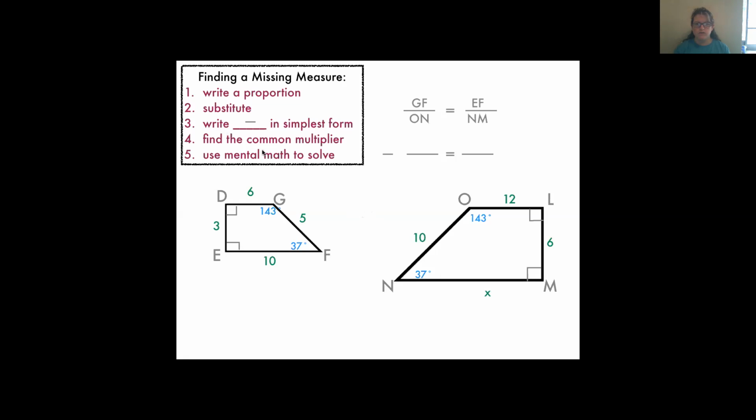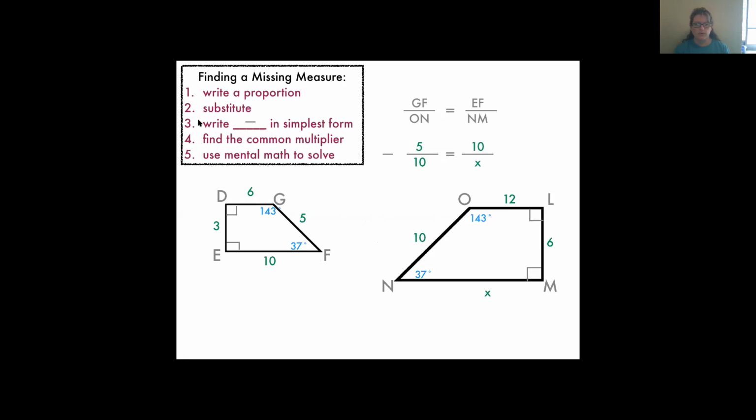All right. So now we're going to substitute the letters with the numbers. So how long were they each? All right, so the GF is 5, and the ON is 10. Also, you have your EF is 10, and your NM is x. We don't know how long that is. That's what we're going to solve for.